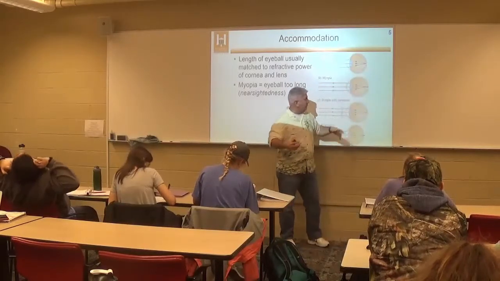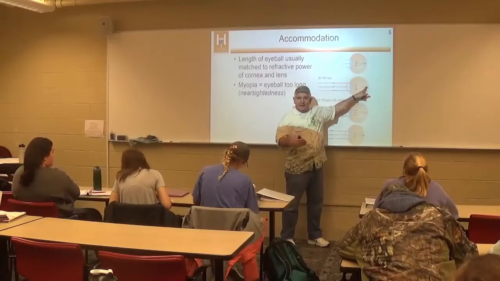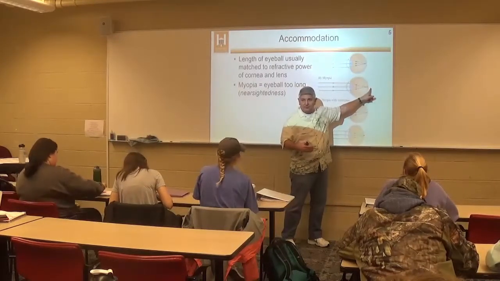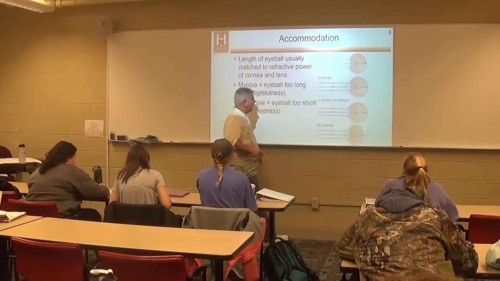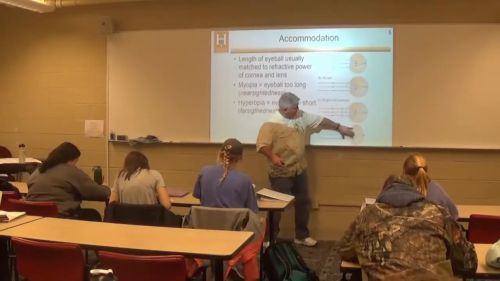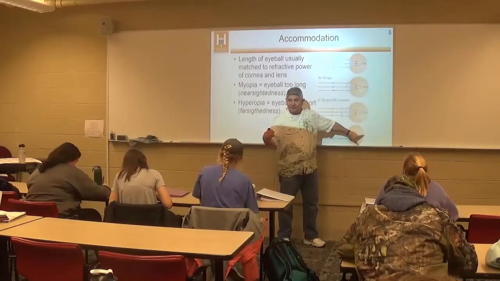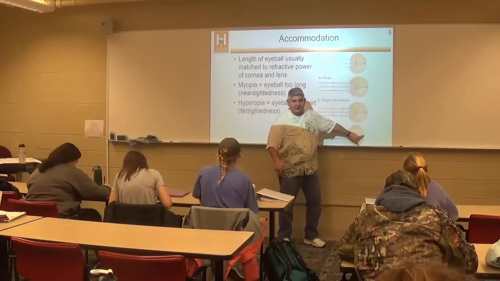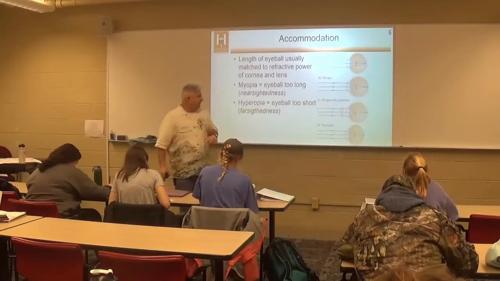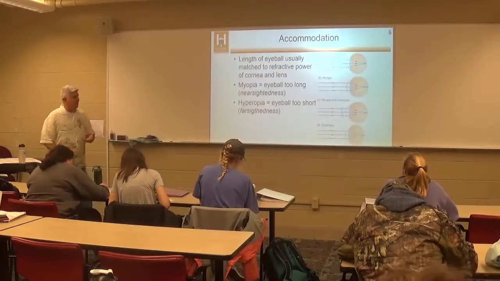But in an eye that's too long, that point of focus happens a little bit before the retina, and so by the time the image gets to the retina, it's slightly out of focus. That's myopia. And hyperopia is the opposite, where the eyeball's a little short, and so the image is not yet reaching that focal point before it gets projected onto the retina. These are also called nearsightedness and farsightedness, myopia and hyperopia.